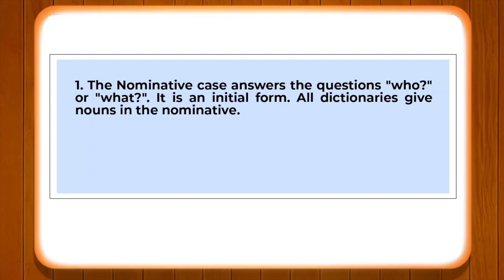It is the initial form. All dictionaries give nouns in the nominative only. So if you look at any Russian dictionary, you will find all the nouns in the nominative form. Then you will find the gender, some examples, and some expressions, but largely the meaning and the formation of these nouns are in this case only, which is known as the nominative case.